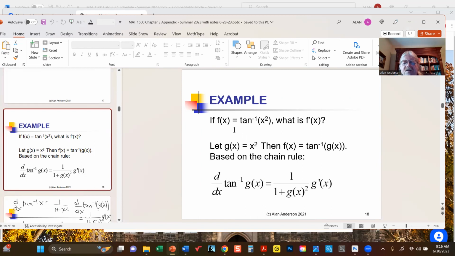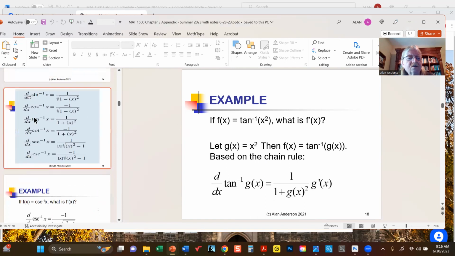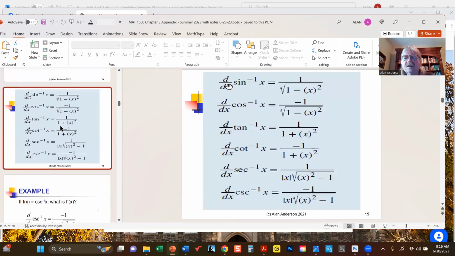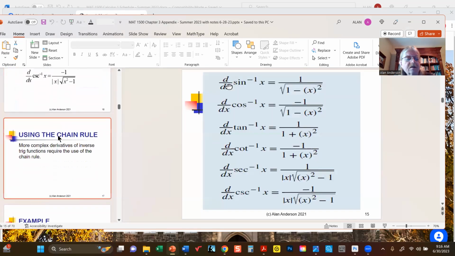So here we go. Let's say that we're looking at the arc tangent of x squared. What is f prime of x? If you look at the table from back here, you'll see that the derivative of the arc tangent is 1 over 1 plus x squared.